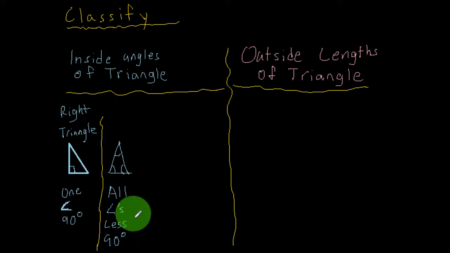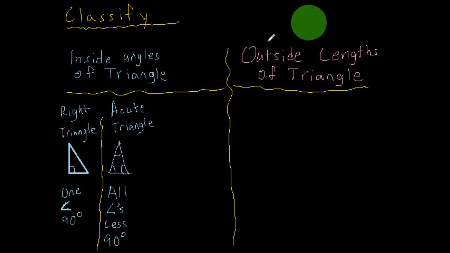So when you have angles that are less than 90 degrees, we call them acute angles. And since all of the angles inside of the triangle are less than 90 degrees, we'll call this an acute triangle.